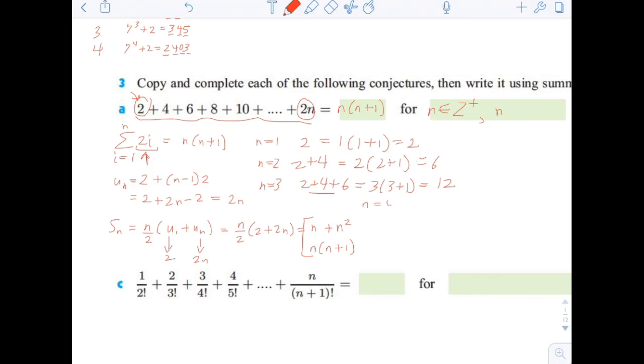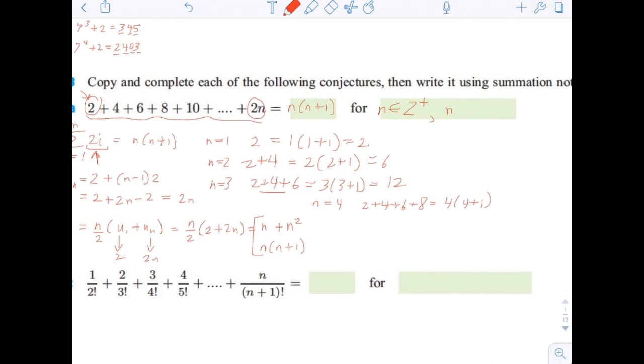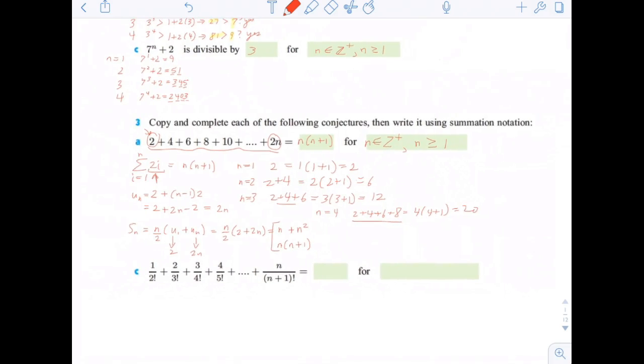In the last case, we'll do n equals 4. n equals 4 would be 2 plus 4 plus 6 plus 8, which is equal to 4 times 4 plus 1, which is equal to 20. And we can confirm that this added together is also 20. Okay? So it seems that n is greater than or equal to 1 is what we would put here.